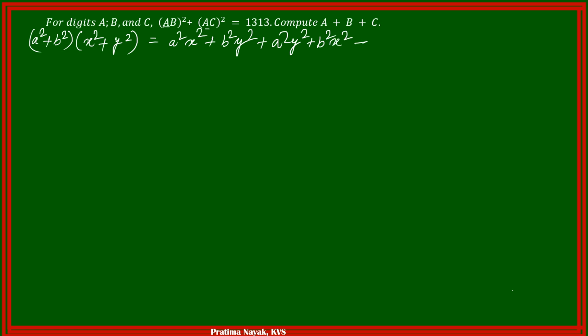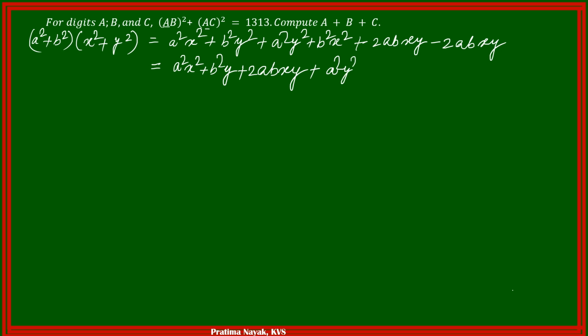Now if I add one 2abxy and subtract one 2abxy, then I can make it into two squares. One is a square x square plus b square y square plus 2abxy, plus a square y square plus b square x square minus 2abxy.